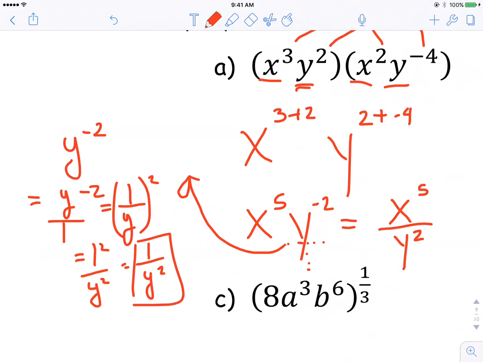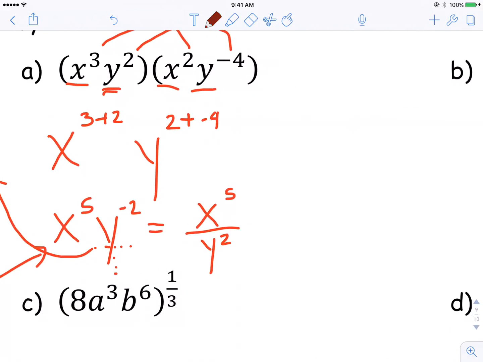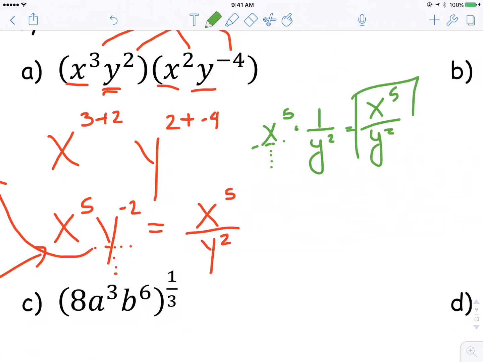This gets multiplied by our x to the 5th, and if I just do that quickly here in a different color, x to the 5th times 1 over y squared, multiply top by the top, x to the 5th, and bottom by the bottom, y squared. That's how we get to that point.